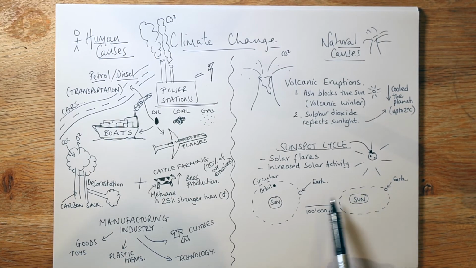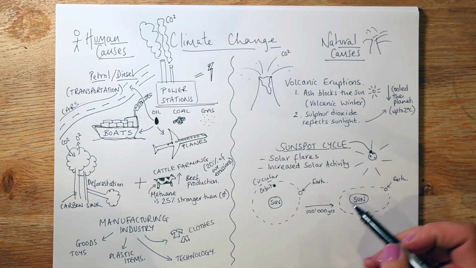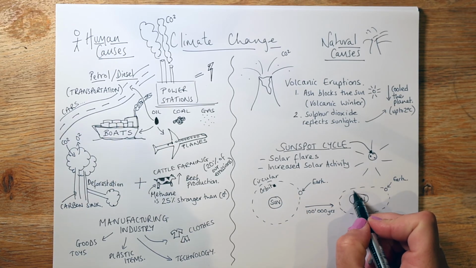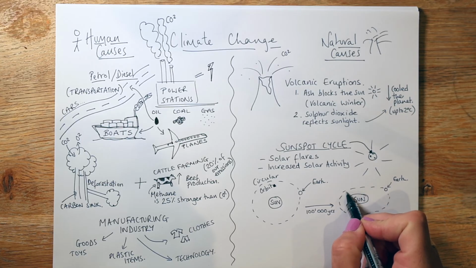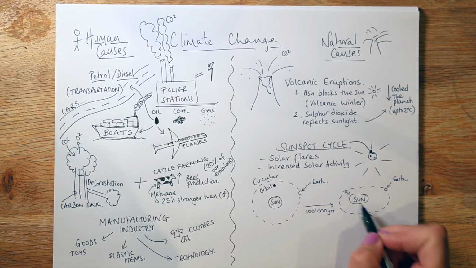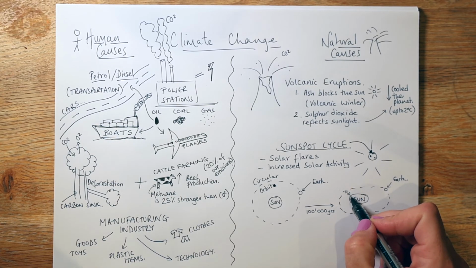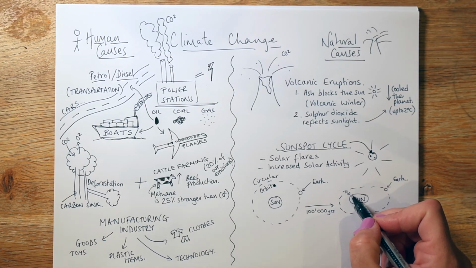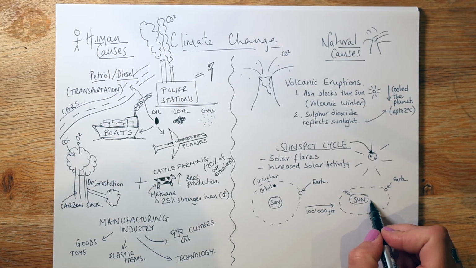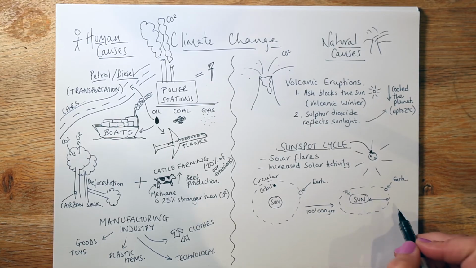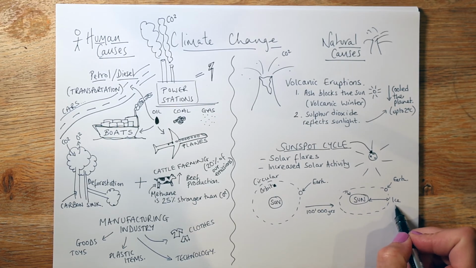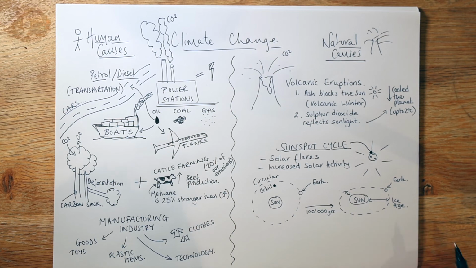but you can see how that's more elliptical than that circle, which means the distance between the sun and the Earth at times becomes smaller, and that can cause increased heating. And then at other times the distance is longer, and that's when we get what we call an ice age.